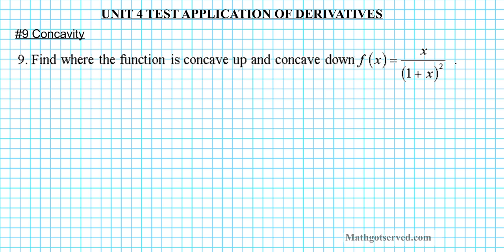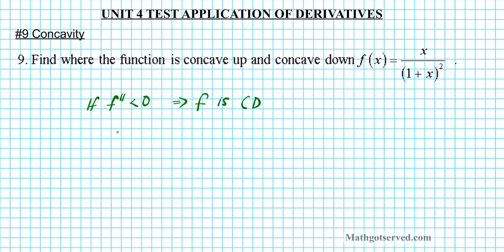All right, so before we go ahead and solve the problem, let's refresh our memory on how to determine the concavity of a function. Okay, so if f double prime, the second derivative, is less than 0 or negative, then the function is concave down.